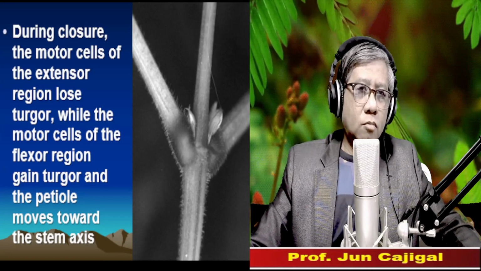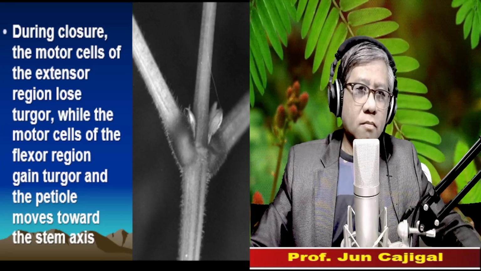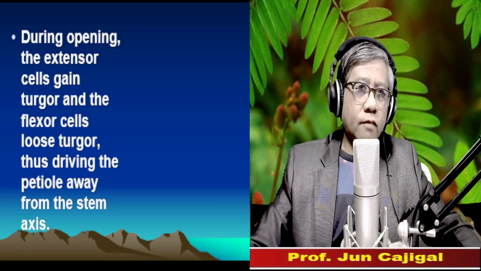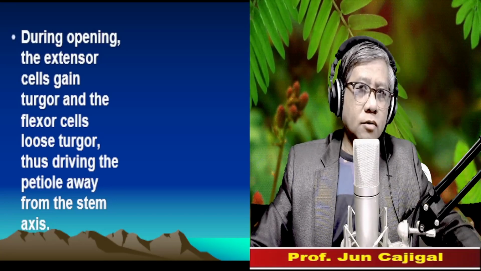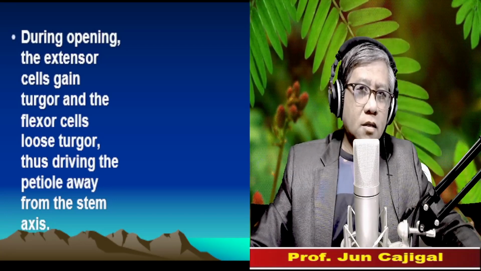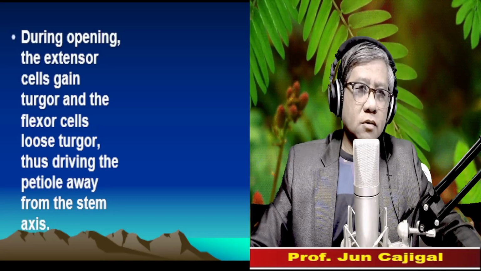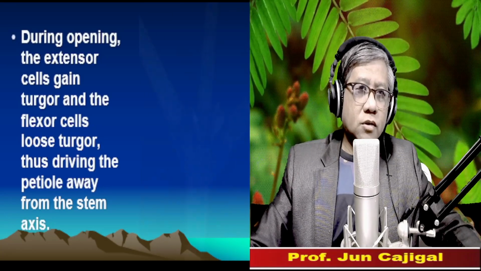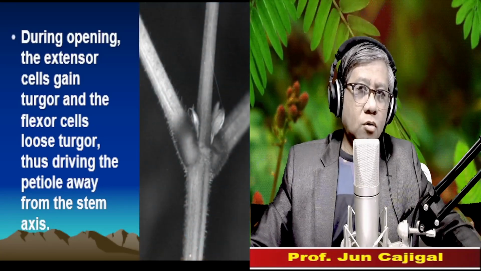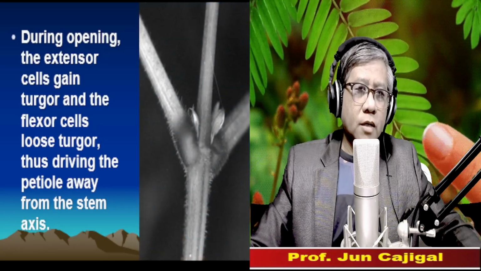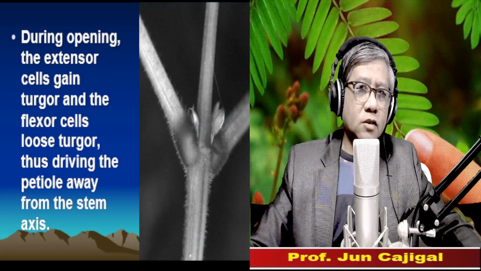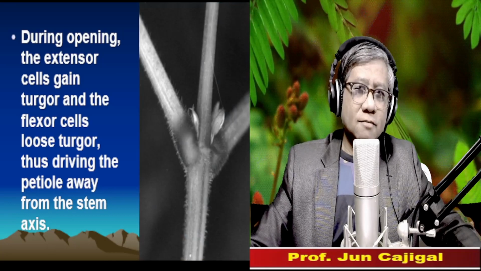So the petiole moves towards the stem axis. Then during the opening of the leaves, the extensor cells gain turgor pressure and the flexor cells of the petiole lose turgor pressure, thus driving the petiole away from the stem axis.